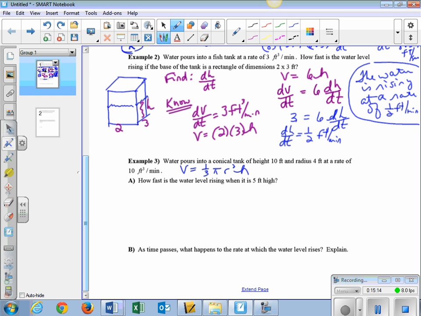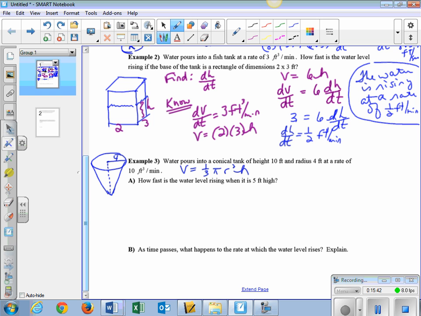So I'm looking at this, and what kind of diagram are we going to be seeing? Well, my conical tank, whenever you do these, is going to be a cone that's kind of upside down. So I'm looking at a radius of 4. Here's my height coming in here, perpendicular to that radius.